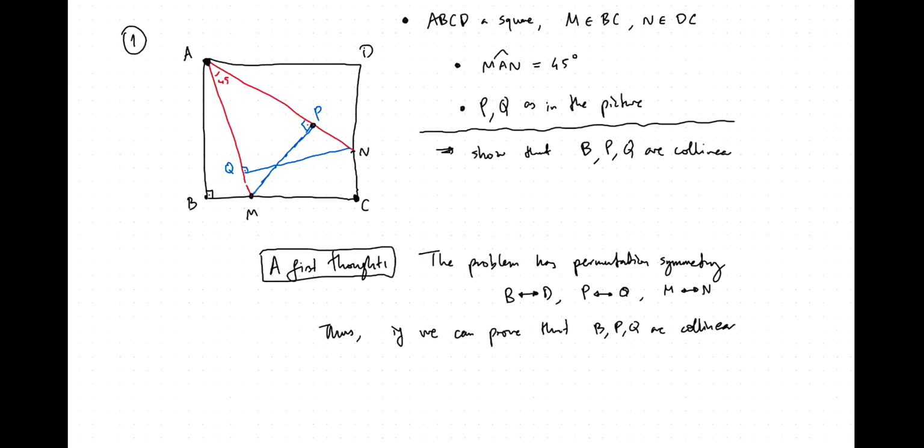If we can prove that B, P, Q are collinear, then we can prove that D, Q, P are collinear. Right?